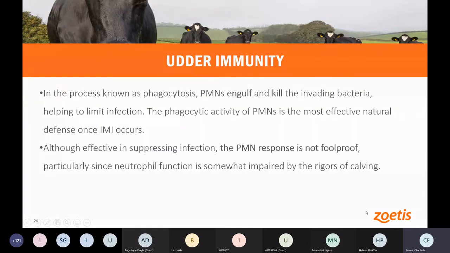Once these neutrophils have entered the udder tissue and the milk, they can engulf and kill the bacteria, the pathogen that entered the udder. They are usually quite effective, but the response is not foolproof, and like I said, it can be hampered by anything that will suppress the immune system.